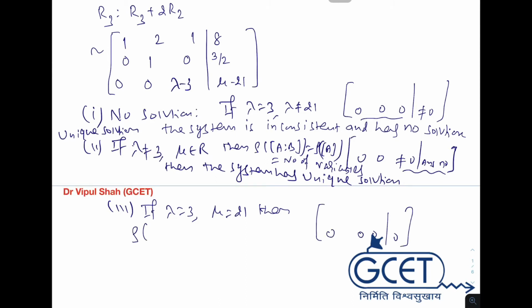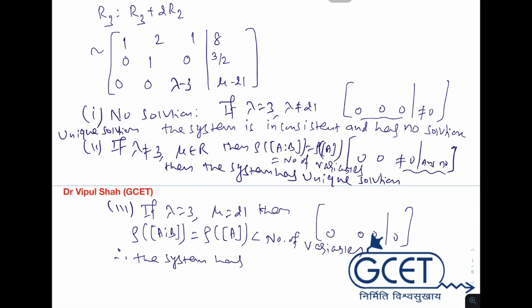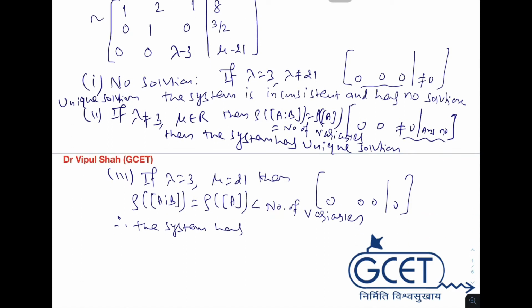So then rank of AB equal to rank of A, and which is less than the number of variables, and therefore the system has infinitely many solutions. Okay.